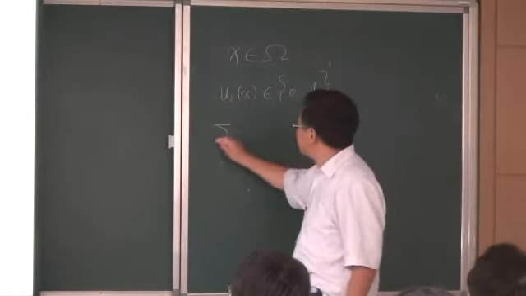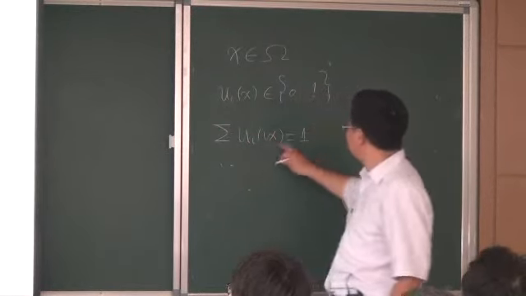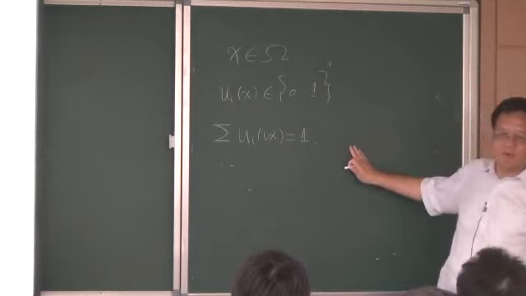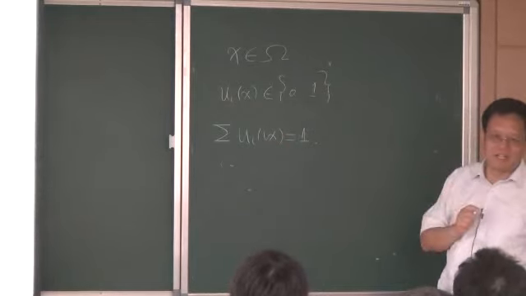If you impose this condition, that the sum of u_i(x) equals 1 at every point in the region, what kind of u_i functions will you get?